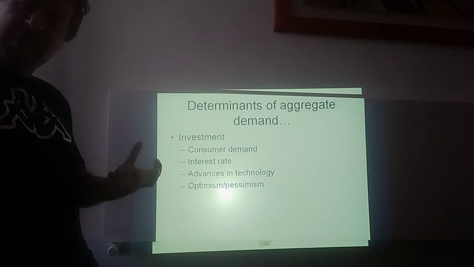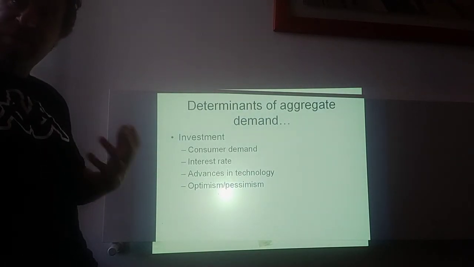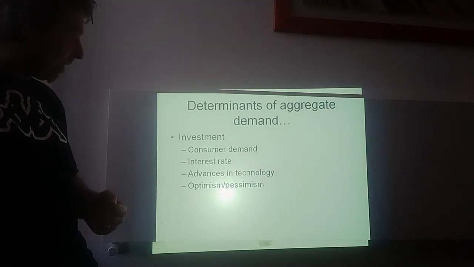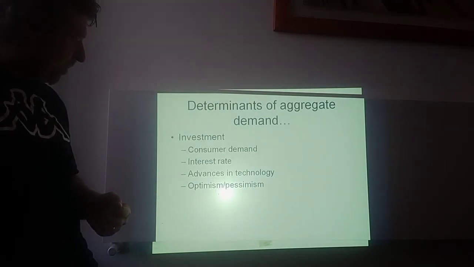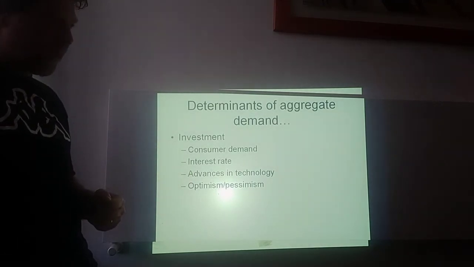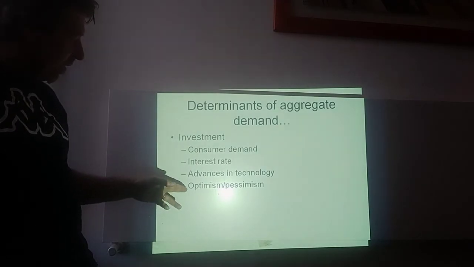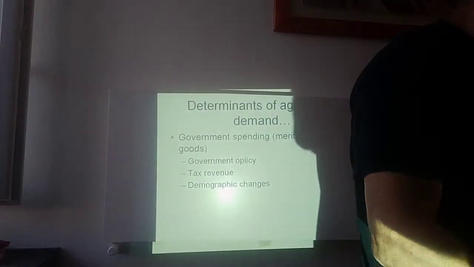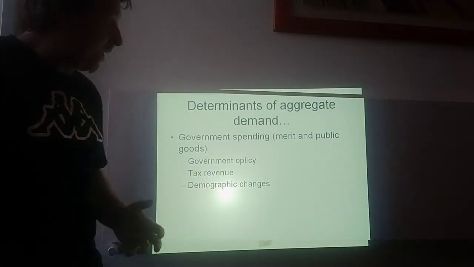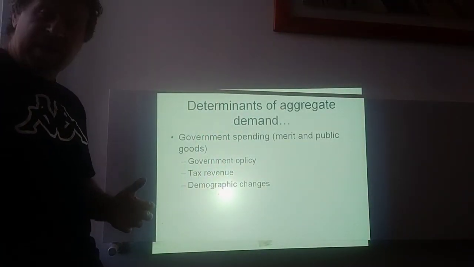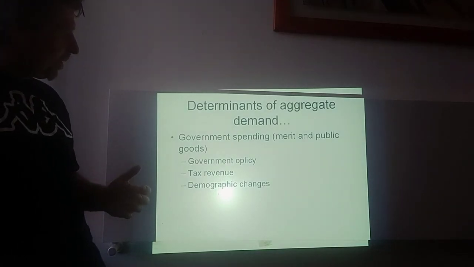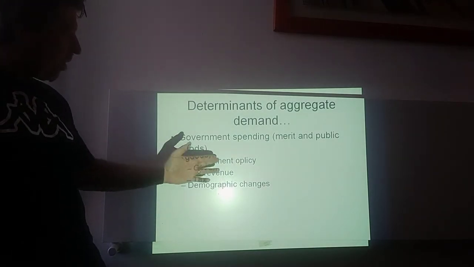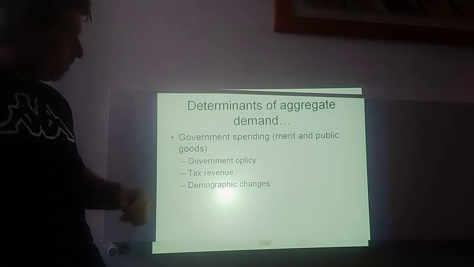People always want the latest generation because it's better, it's faster, it's smaller, it's cheaper, it's got more options to do things. So again, pessimism and optimism, just like consumer spending, will be affecting investment. Then you've got government spending. Here we've got government policy, that should be policy.